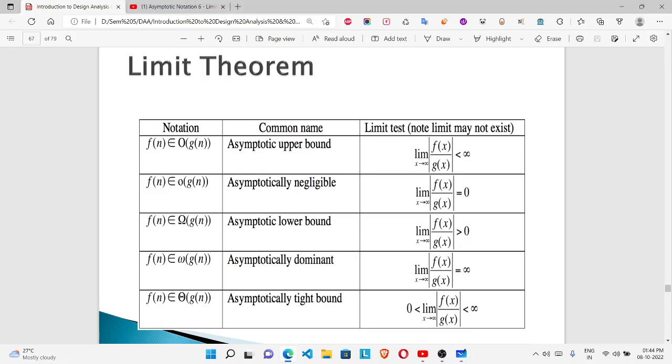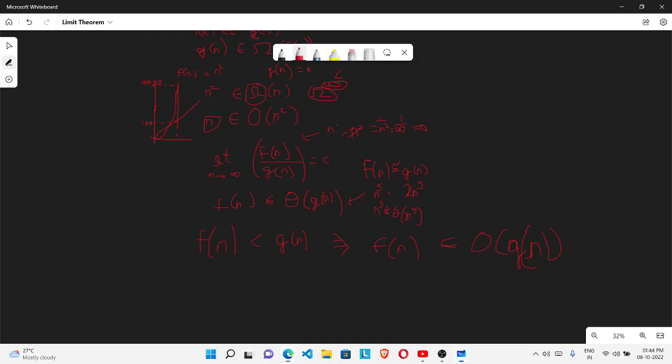And actually, we have one advanced version of the limit theorem also, where we have different formulas for big O and small o. For big O, if the limit becomes less than infinity, then we write it as big O. If it is equal to 0, which we have seen here already, it will be 1 by infinity, right? f of n by g of n, which is 0.